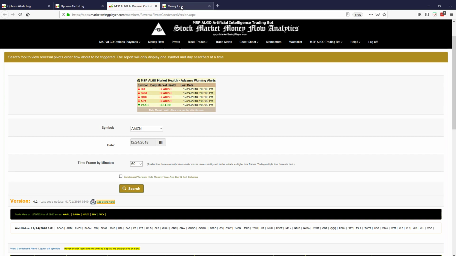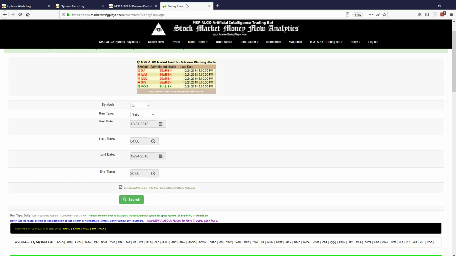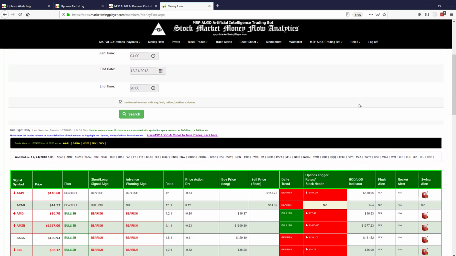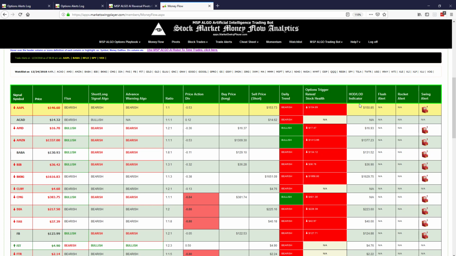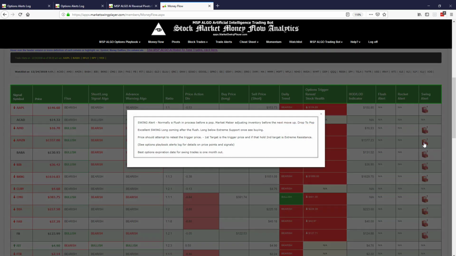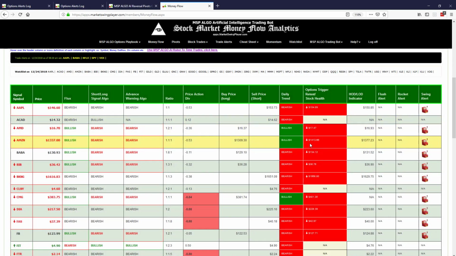What we do know is when we're trying to look for a swing trade, we will see a notification icon that looks like a slot machine. So here is our notification icon. We can click it there as well. It gives you a little description here of what you're looking to do and how to trade.